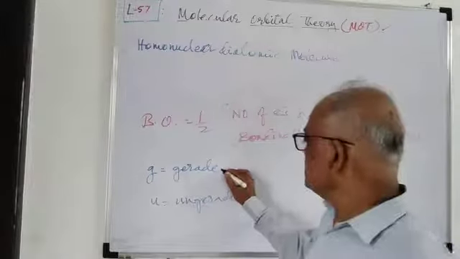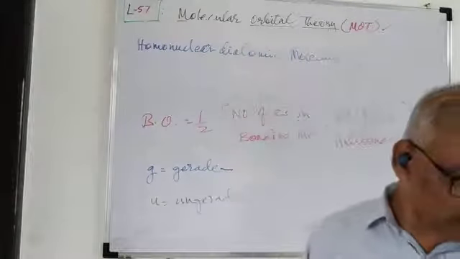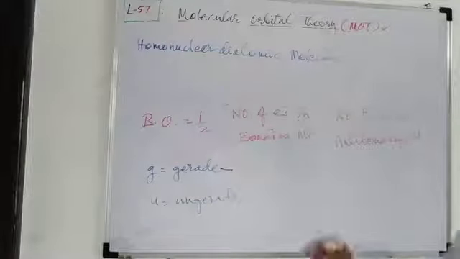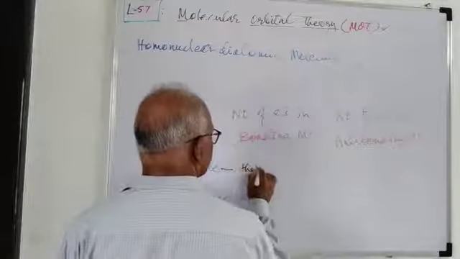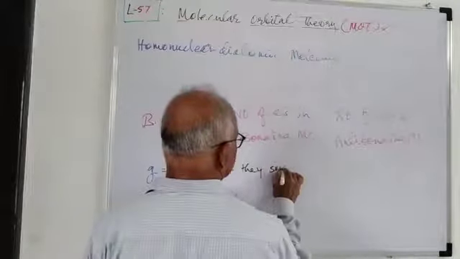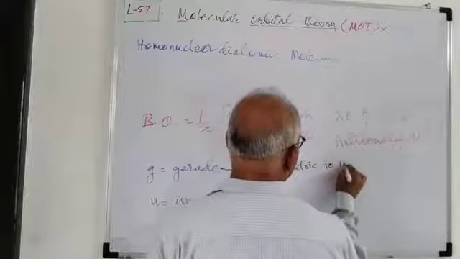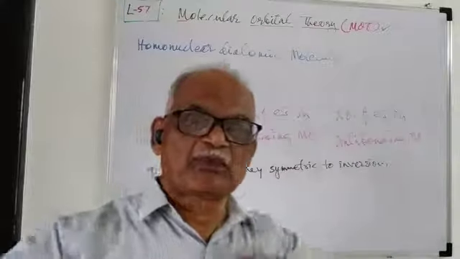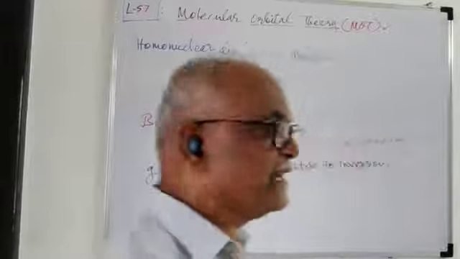So these are symmetric to inversion, meaning the change in sign of the wave function is not observed, even after rotation about the internuclear axis, there is no change in sign of the wave function.